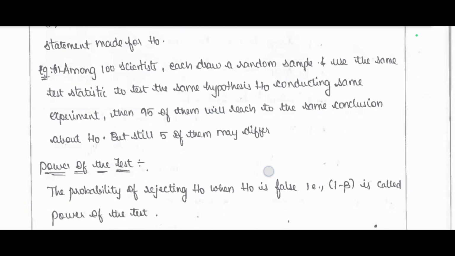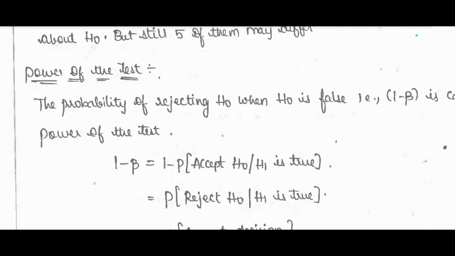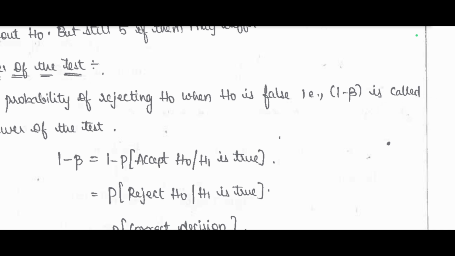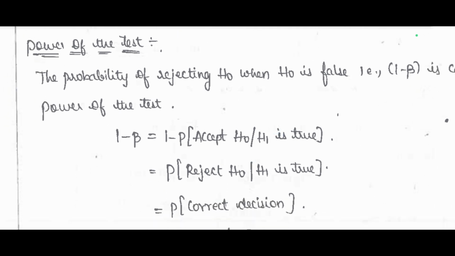Okay, next see the definition of the power of the test. The probability of rejecting H naught when H naught is false, that is 1 minus beta, is called the power of the test. 1 minus beta is nothing but 1 minus the probability of accepting H naught when H naught is false.